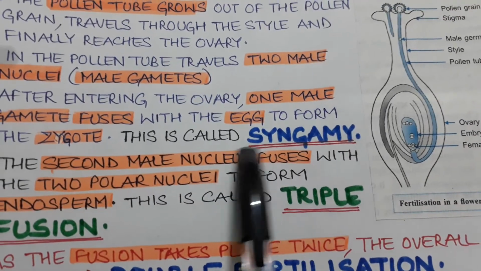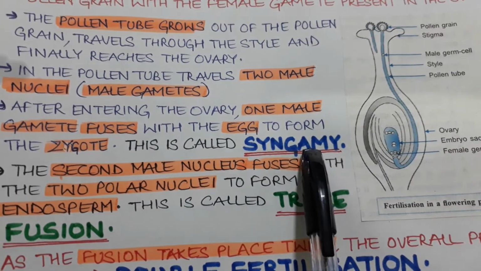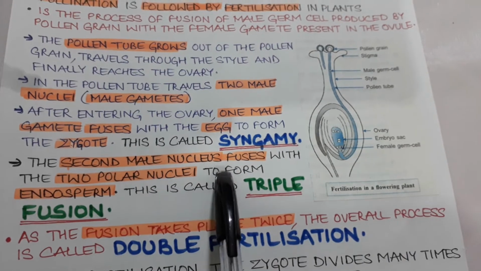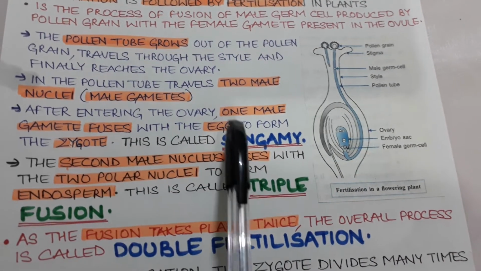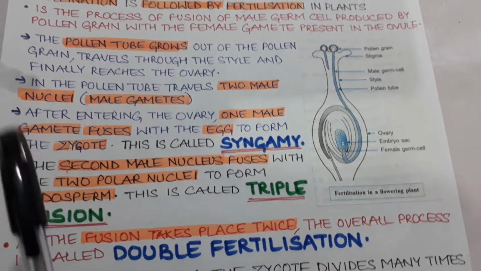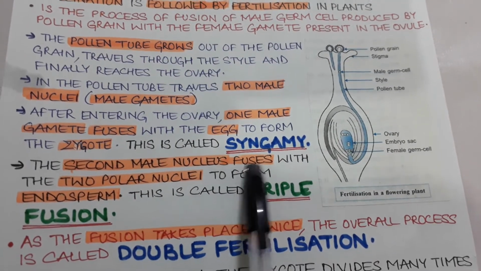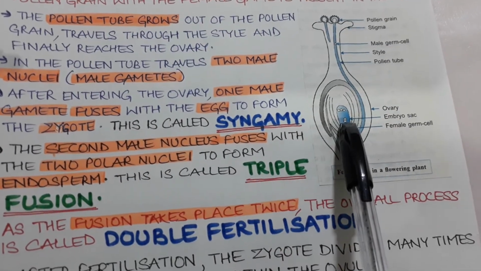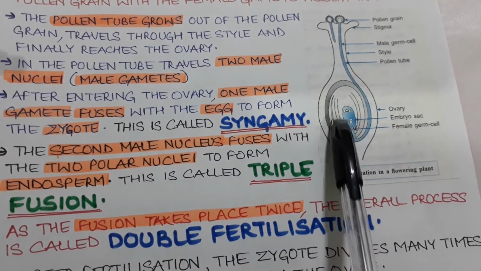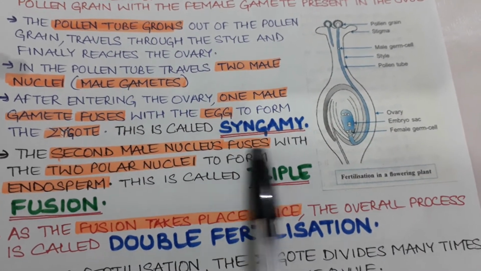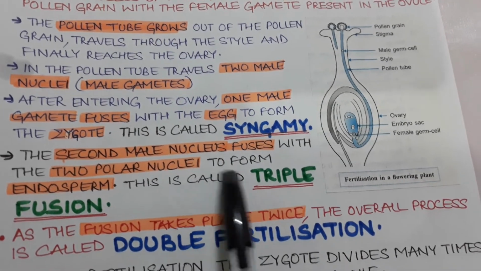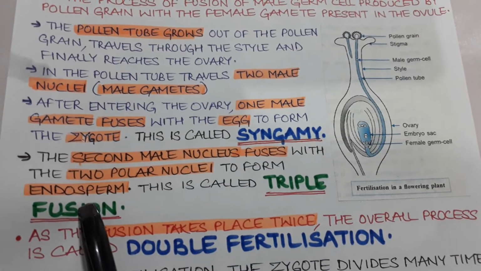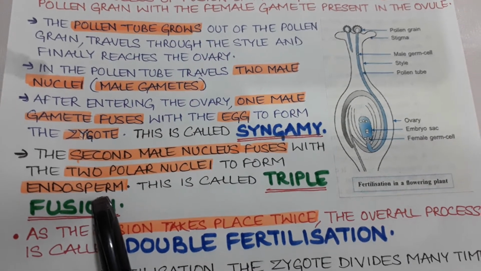and this process is called syngamy. Now, the second male nucleus, as two male nuclei are traveling, one has fused with the egg cell of the ovule, and the second male nucleus fuses with the two polar nuclei. This results in the formation of endosperm.